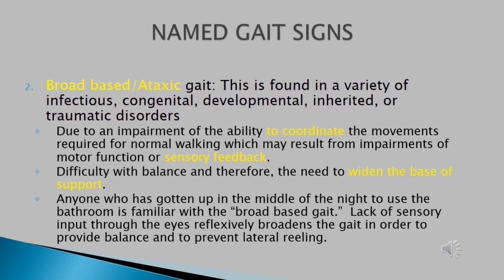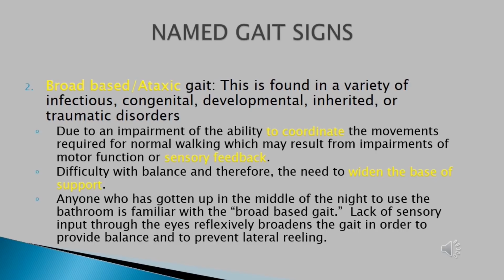And this can be due to impairments of either motor function or sensory function. And this is commonly seen in the cervical myelopathy cases under Chapter 15, those examinees with a spinal cord injury. They have impairments of both sensory and motor function.